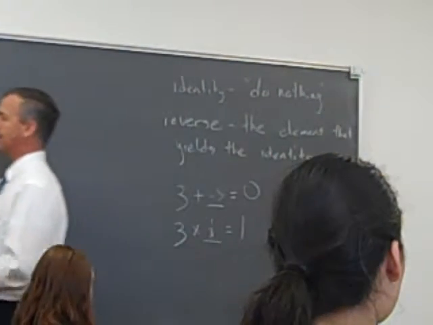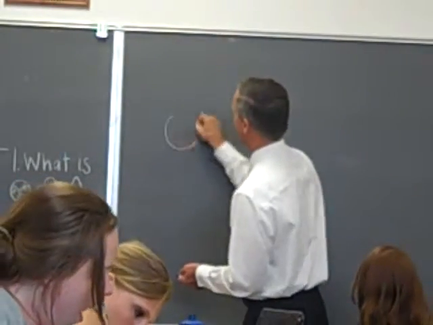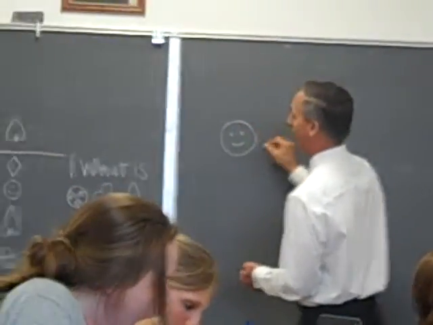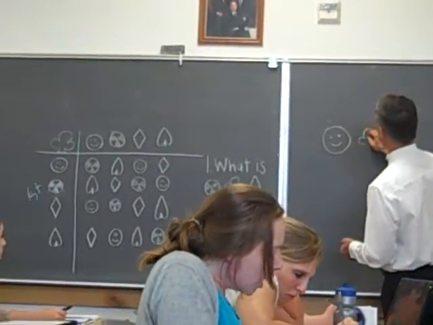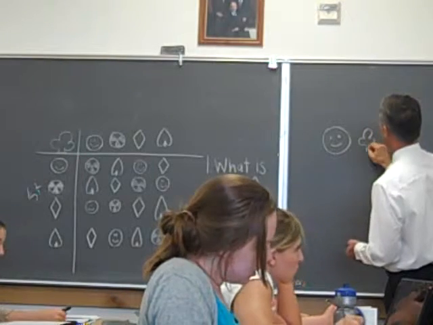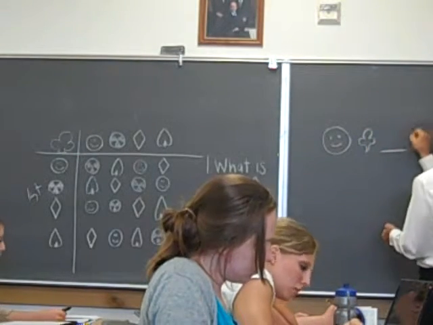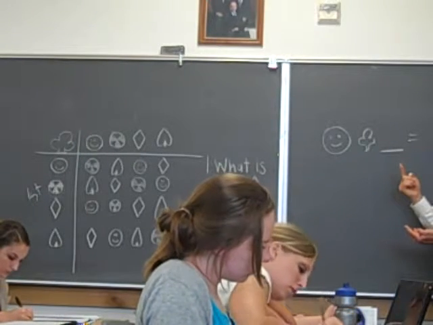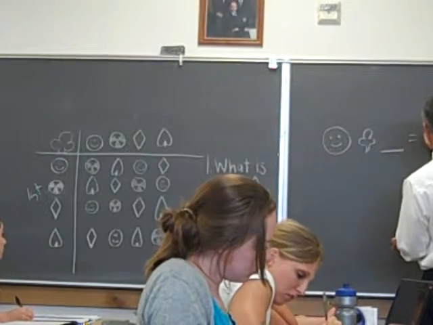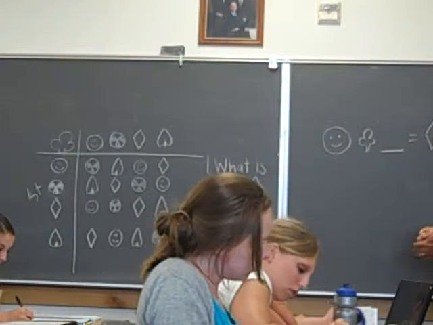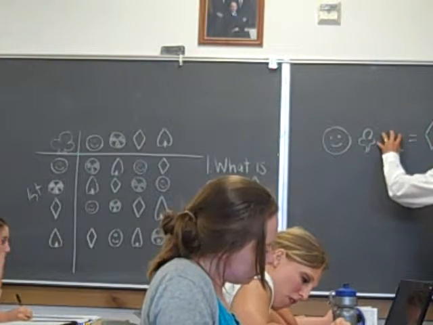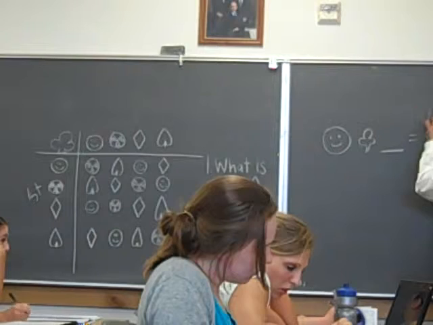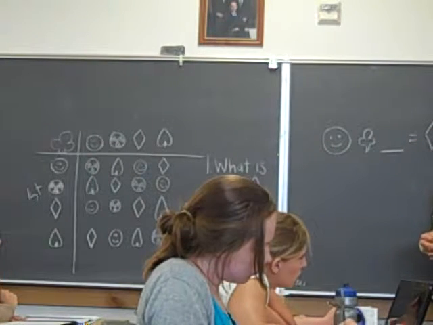So, what is the inverse of smiley face? I'm asking the question, what do I shamrock smiley face with to give me the identity, which we said was diamond? So I'm asking, what element produces the identity? How do we get that?